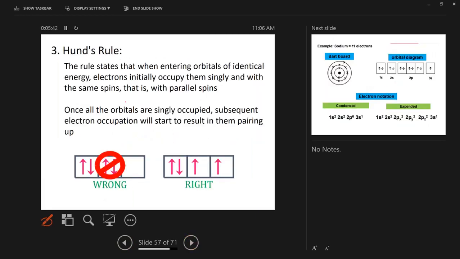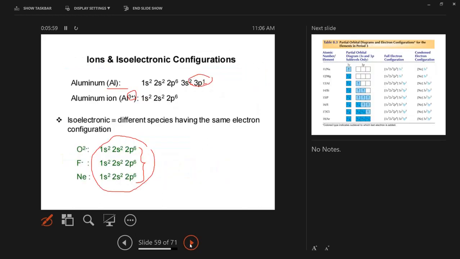Hund's rule states that when entering orbitals of identical energy, electrons initially occupy them singly and with the same spin, that is parallel spin. So cara isi yang betul macam ni, kena penuhkan dulu, lepas tu yang dah cukup tu baru you pairkan.